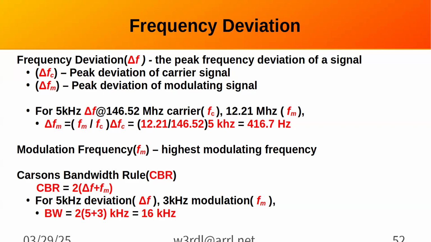So if you had a 5 kilohertz deviation and a 3 kilohertz modulation frequency, that adds up to 8, multiplied by 2 gives you the 16 kilohertz bandwidth for a typical FM signal with those numbers.